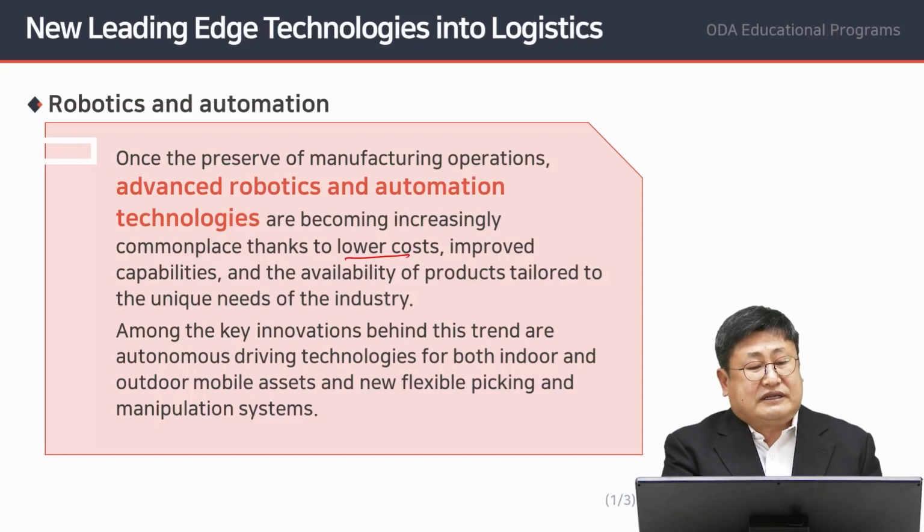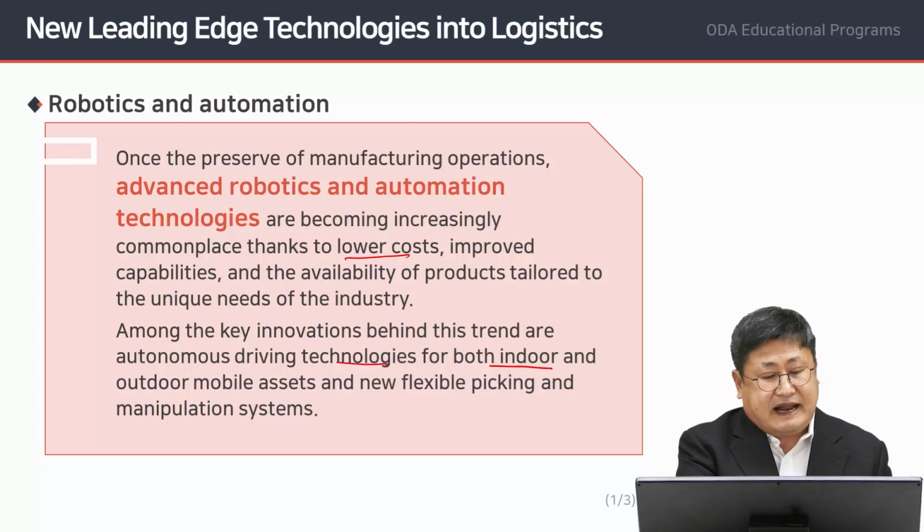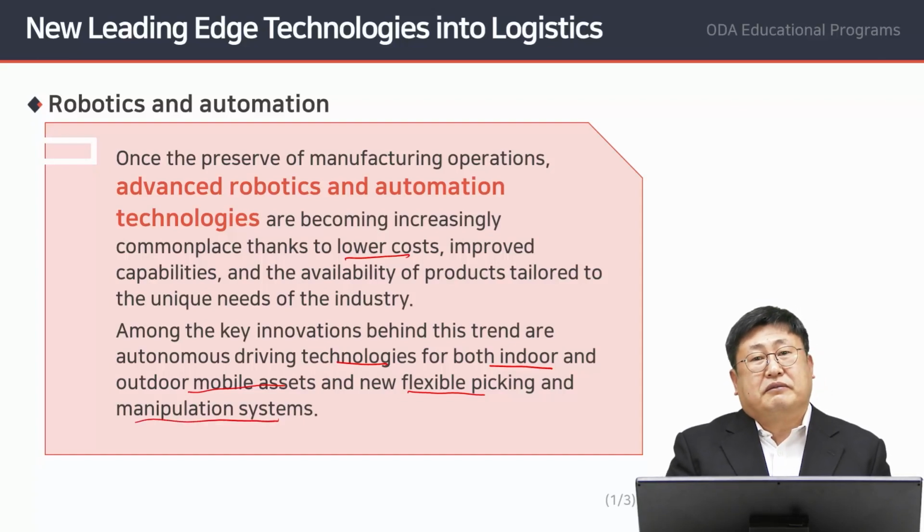So robotics and automation are driving technologies for both indoor and outdoor mobile assets, and new flexible picking and manipulation systems. You can apply them into warehousing operations, loading and unloading shipments from the trucks onto the trucks.